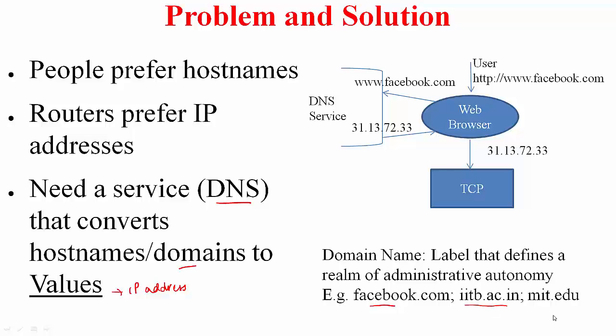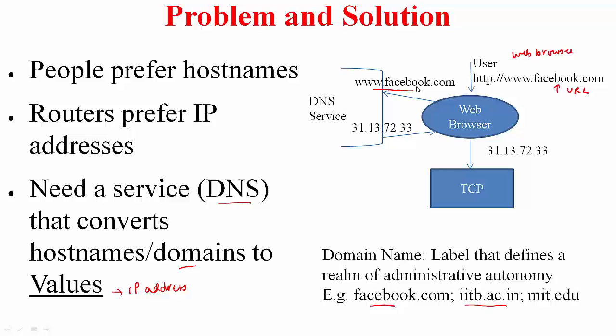So how does DNS work? This example shows. So for example, you are a user. If you type in your web browser this particular URL, what your web browser program does is it is going to call the DNS service and ask it what is the IP address corresponding to this particular host name.